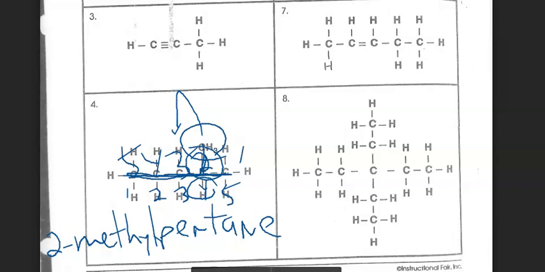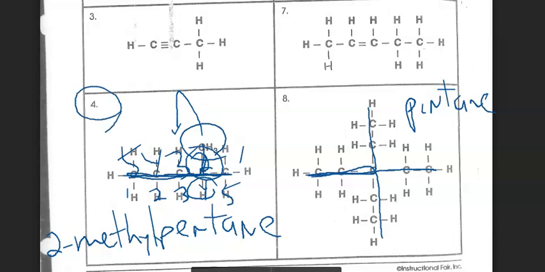On to number 8. Okay, so for number 8, we have this pretty big molecule, but no matter how I count, I have 5 carbons going across this way, I have 5 going that way, I have 5 going this way, you get the point. So 5 is still the longest chain. So it is a pentane again, as far as the base name, although for number 4, our methylpentane and number 8 are not isomers, because now what do I have? I have on the 3rd carbon, it would be number 3 no matter which way I count it, I have 2 ethyl groups.